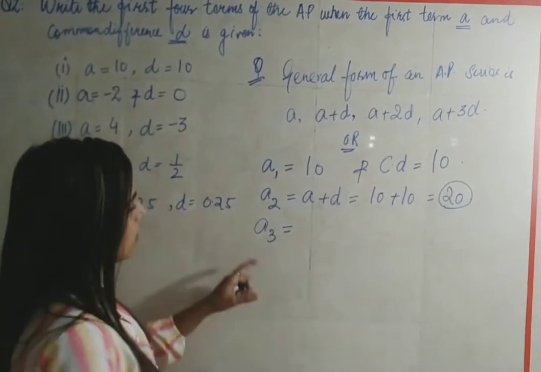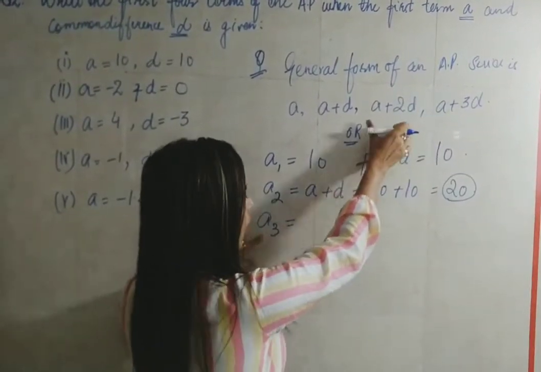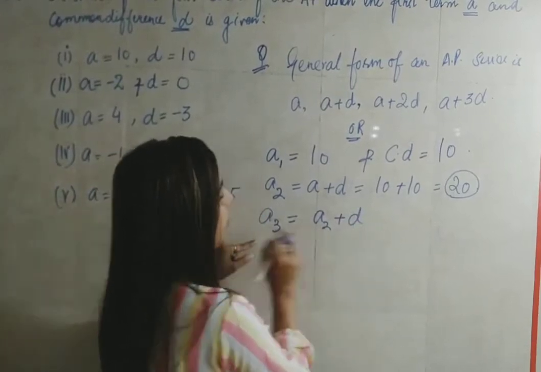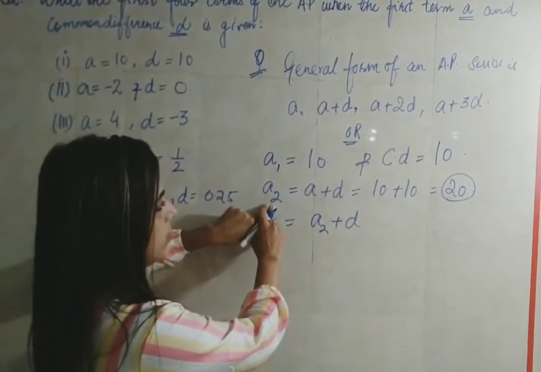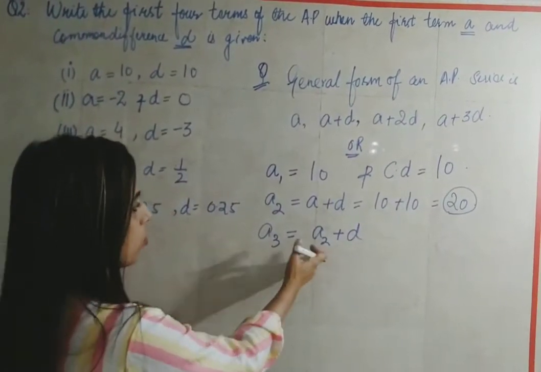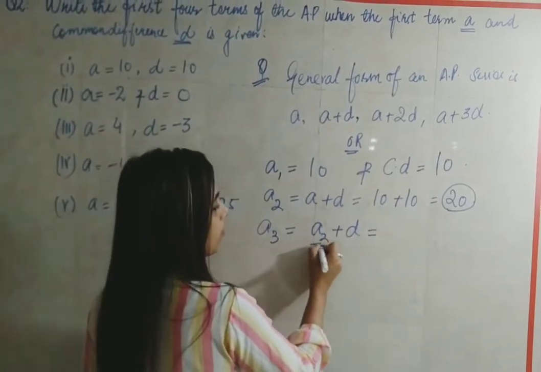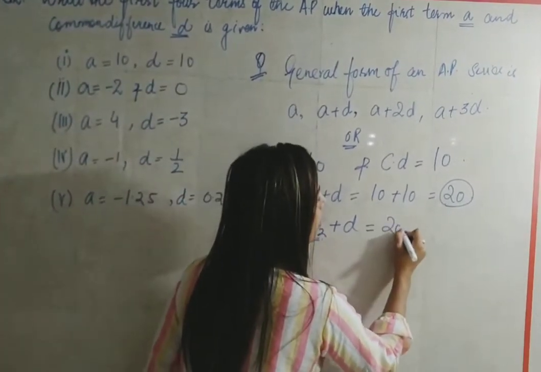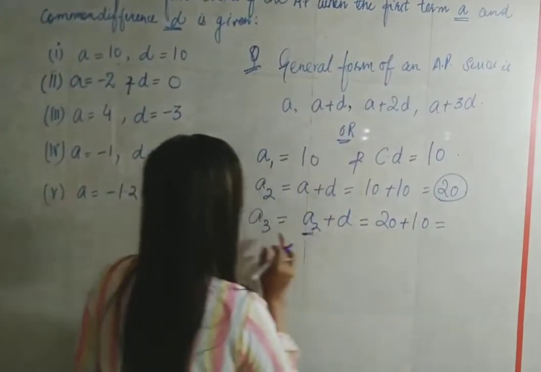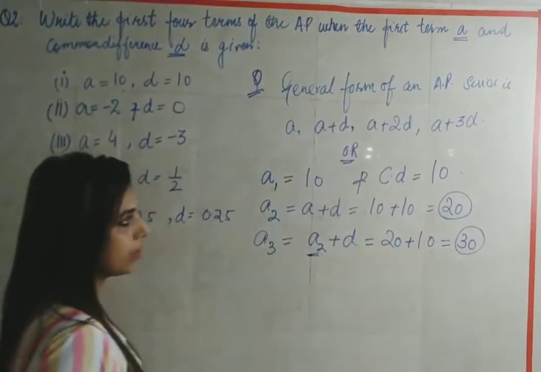A3. Now guys, to find A3, you can write A plus 2D, or you can add D to A2. That is, to your previous term, you can add D, the common difference, to find A3. So I am going to use this method. We know that A2 is 20 and the common difference D is 10. So A3 will be 20 plus 10, 30.